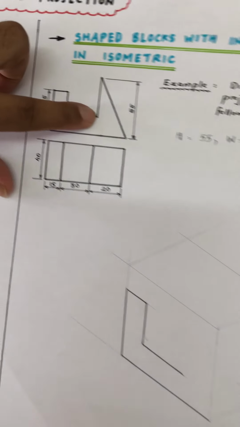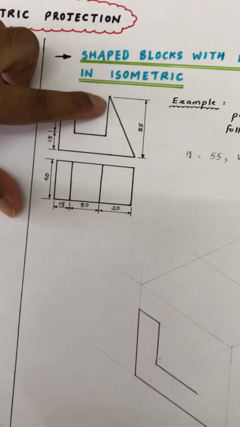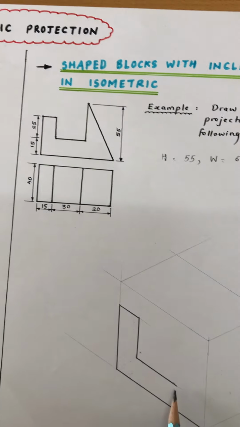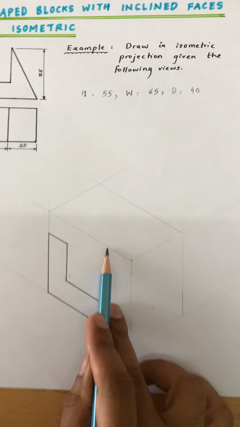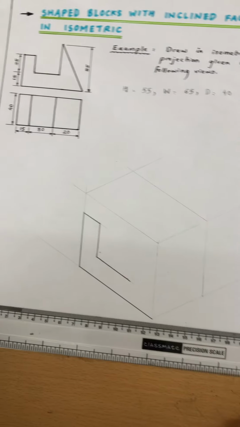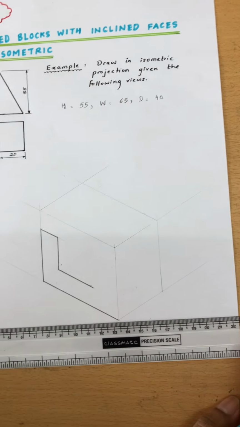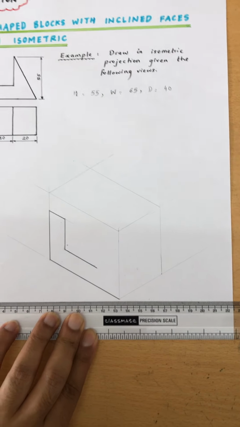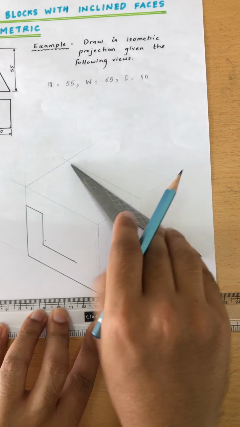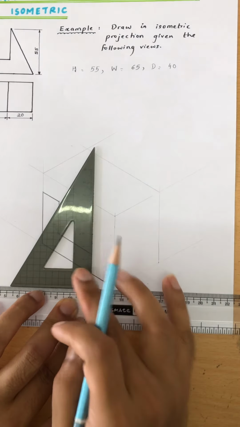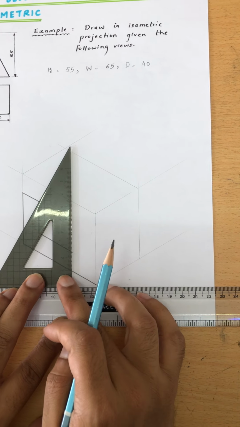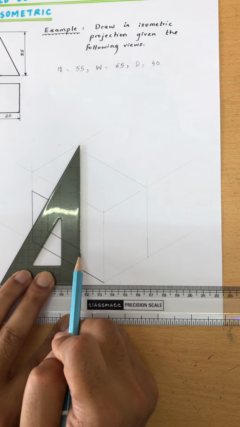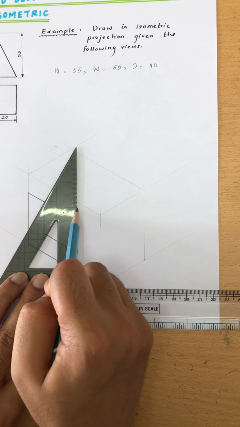Now you will notice you have another line here. This vertical line goes up until it touches this part. So we place our ruler here. And then we take our set square at 90 degrees with the ruler in order to obtain vertical lines.